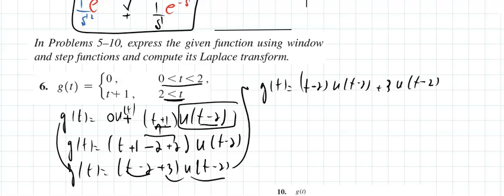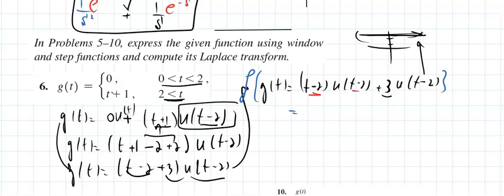And the reason is, if you shift 3 left or right, it remains the same. So this already includes the shift. Any constant function, you could shift left or right and it doesn't change. If I apply the Laplace transform on this, the shift is taken care of by e to the negative 2s.